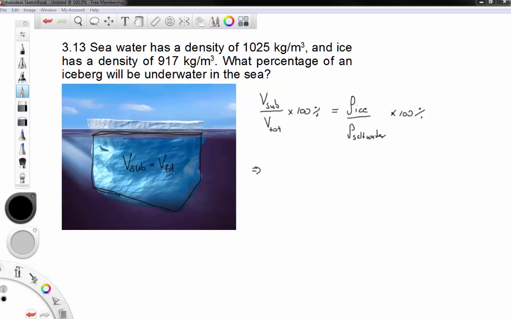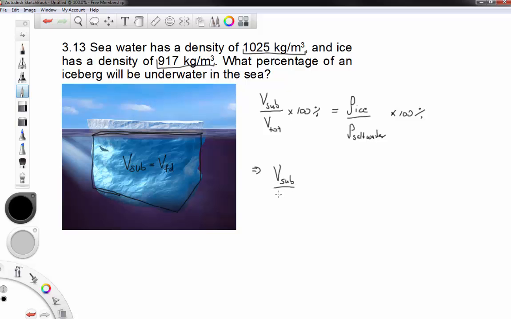So in the context of this actual problem, that means that the submerged part of the iceberg divided by the total volume of the iceberg times 100% should be the density of the iceberg, that would be this number right here, divided by the density of the salt water, which would be this number right here.